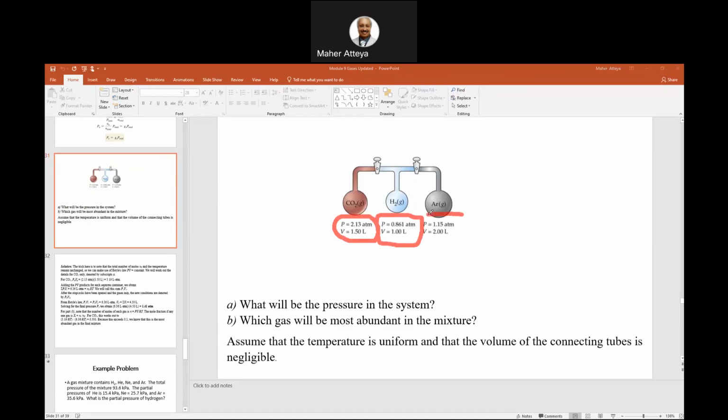And the argon here has this one. It's asked of you, what will be the pressure in the system if you open this? They'll start mixing. What will be the final total pressure of all those?